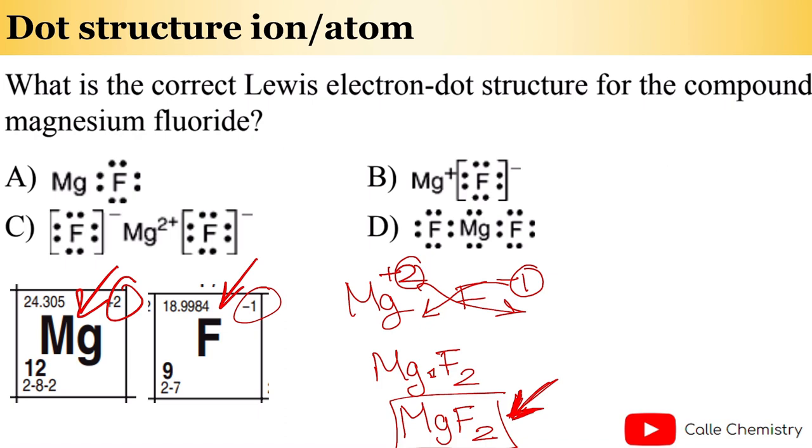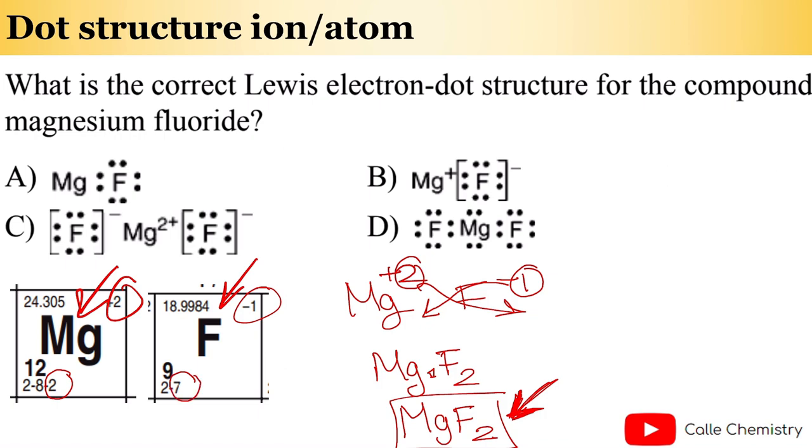Now the electron dot diagram for anions and cations is a little bit different from atoms. For atoms, you're not going to use any brackets. For ions, you are going to use brackets. So magnesium, we see on the periodic table, has 2 valence electrons, and fluorine has 7 valence electrons.